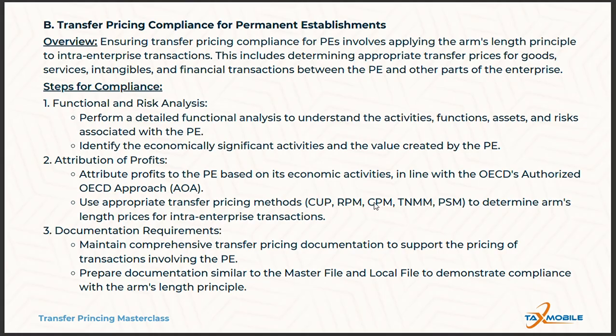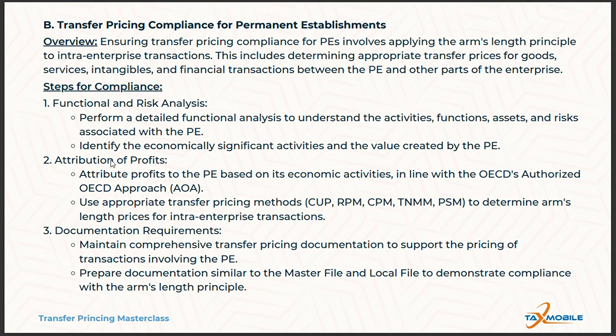Now, having done the functional and risk analysis, the second thing to do is the attribution of profits. The authorized OECD approach, which is AOA, is widely accepted for attributing profit to a permanent establishment.